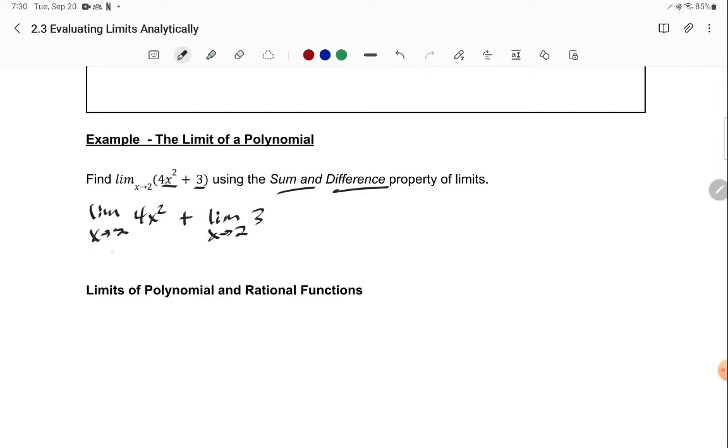And if we do that, you would plug the 2 in right there. And that would be 4 times 2 squared plus, and this is a constant, so that would just be 3. And so that would be 4 times 4, that's 16, plus 3, which is 19. Okay? And that's using the sum and difference property up there.